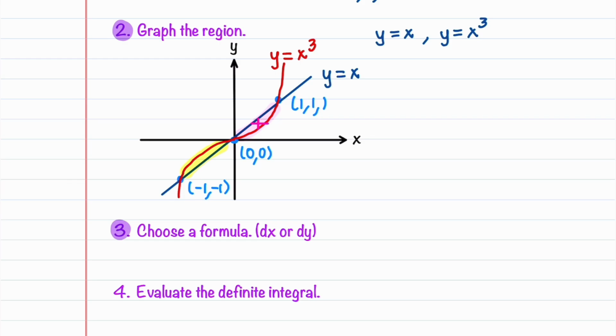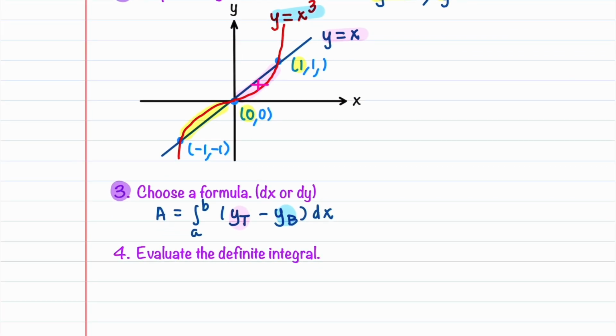I am going to choose to integrate with respect to x because our functions are given in terms of x. We can then write that our area is the integral from a to b of our curve on the top minus our curve on the bottom, dx. Our curve on the top is y is equal to x, and our curve on the bottom is y is equal to x cubed.